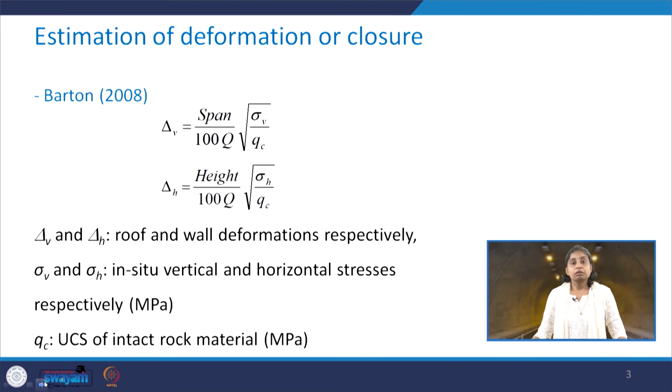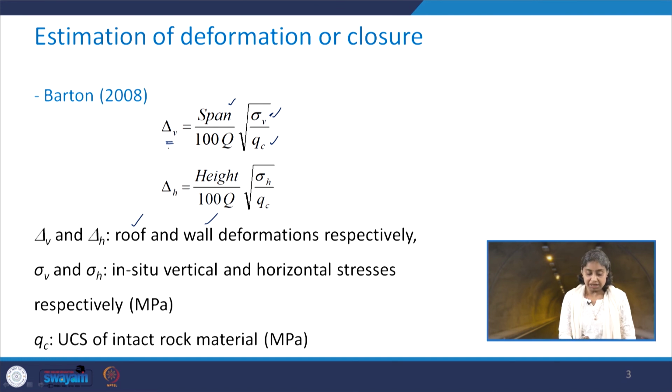Now, Barton also gave the idea about the determination of roof and the wall deformations. That was given by this expression, that is delta V, which is the roof deformation. That would be equal to span divided by 100 Q times the square root of sigma V upon QC, where sigma V is the in situ vertical stress in megapascal and QC is the UCS of the intact rock material in megapascal.